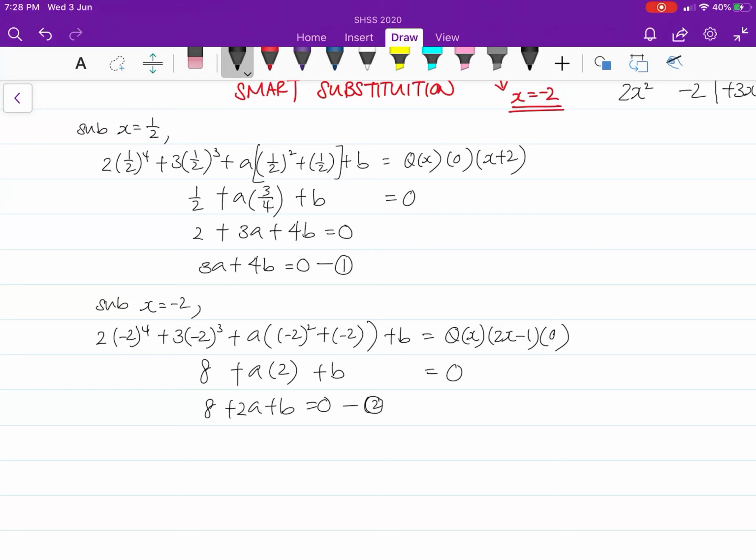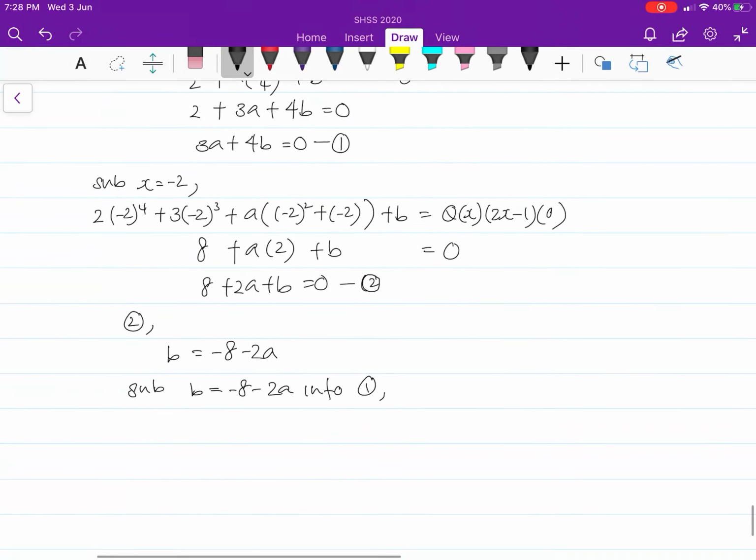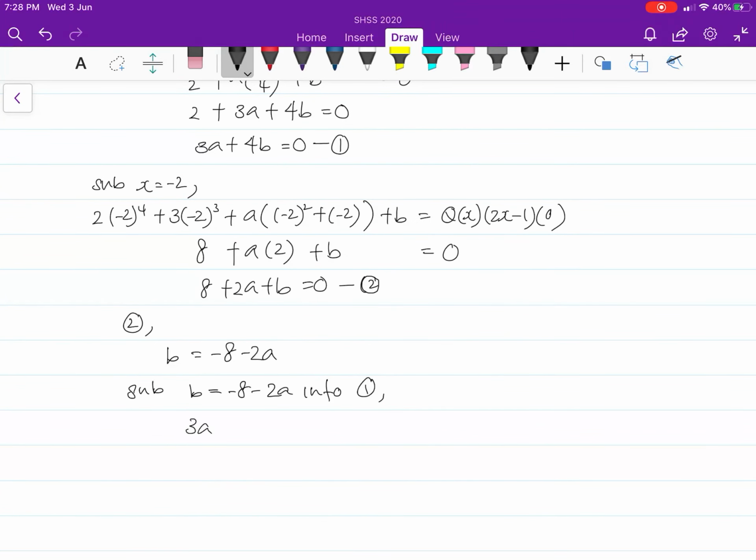Okay, so from number 2, I can make b the subject of the formula. I get minus 8 minus 2a. Then I can just substitute b equals to minus 8 minus 2a into equation number 1, which is 3a plus 4b equals to 0. 3a minus 32 minus 8a is equals to 0.